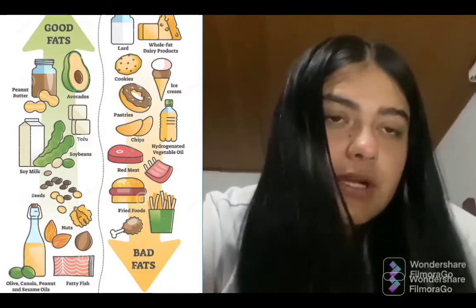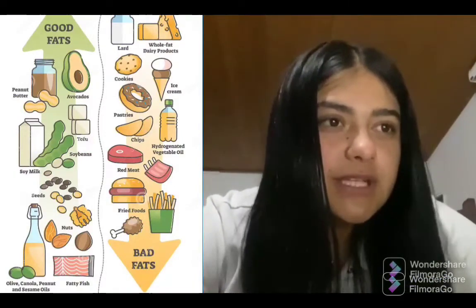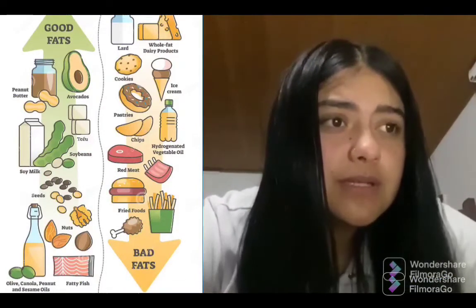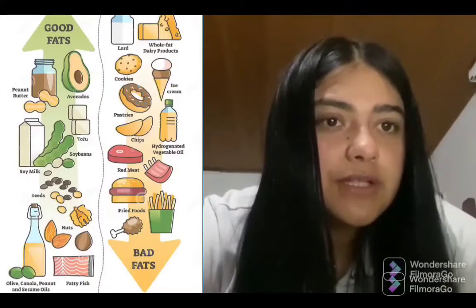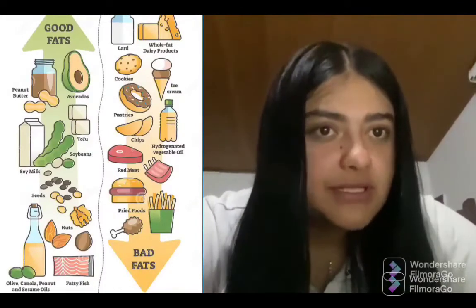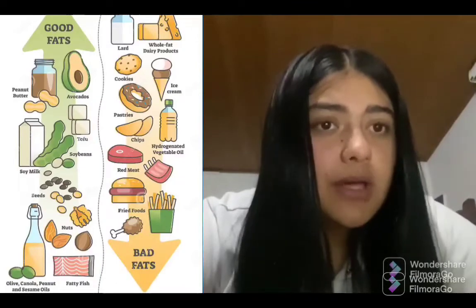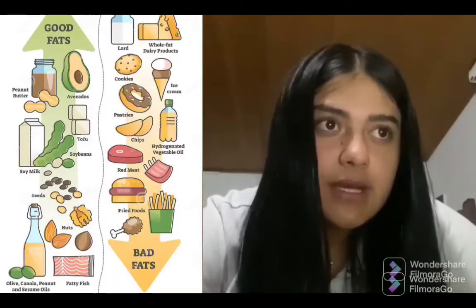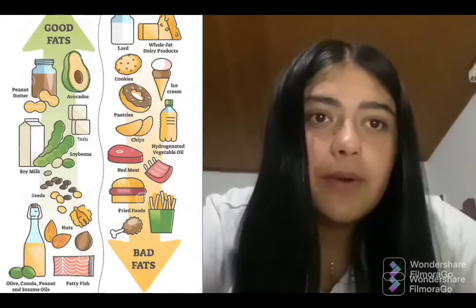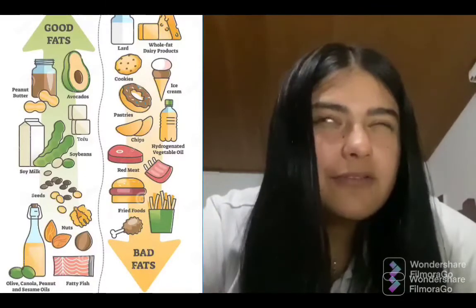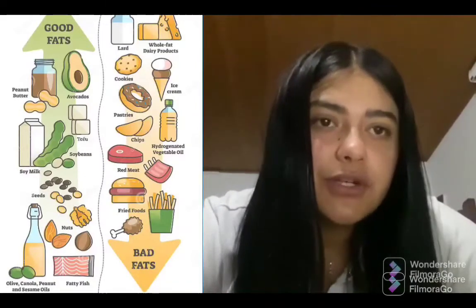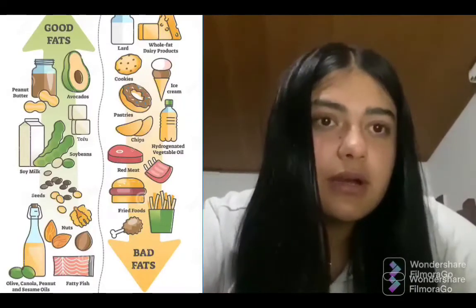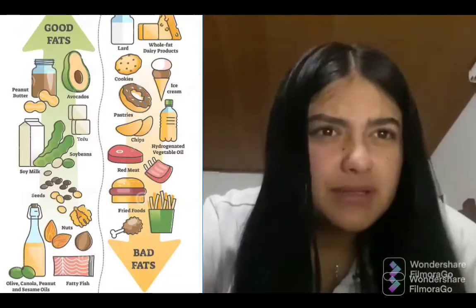Now I am going to talk about the calories in foods with lipids that are good to consume. The first is fish. 100 grams have 206 calories. And the second is avocado, which has between 200 and 300 calories, depending on the size.